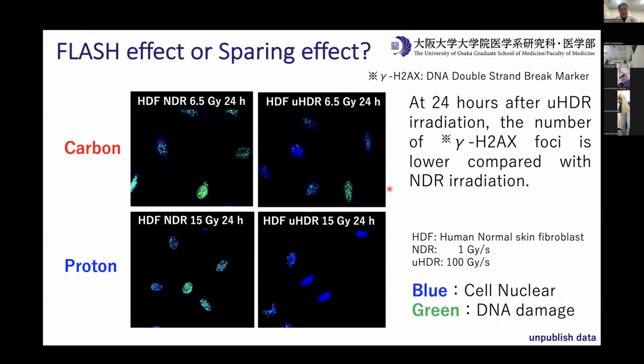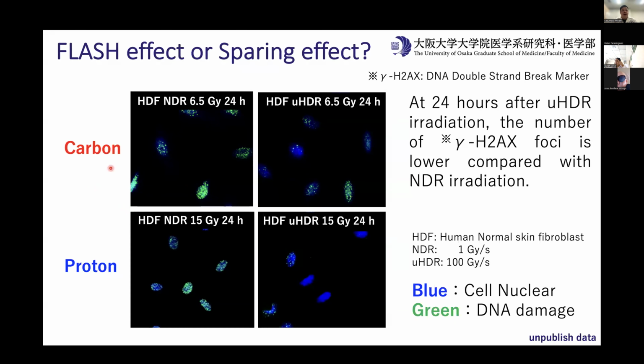In our ultra high dose rate radiation experiment using the carbon ion and proton beams, we have indeed confirmed the suppression of DNA damage under ultra high dose rate radiation. In this figure, you can see these green dots. The green dots represent the DNA double strand breaks, and the number of these dots is lower under the ultra high dose rate irradiation compared to the conventional dose irradiation.